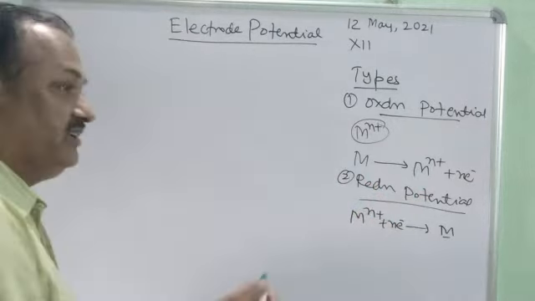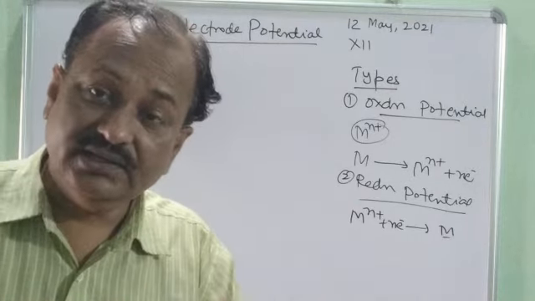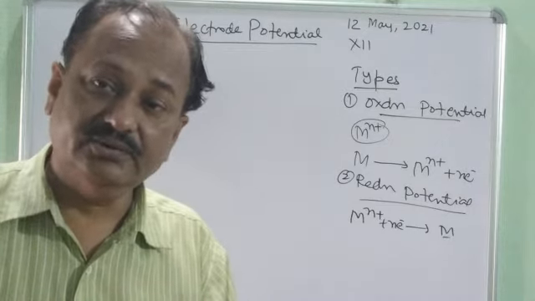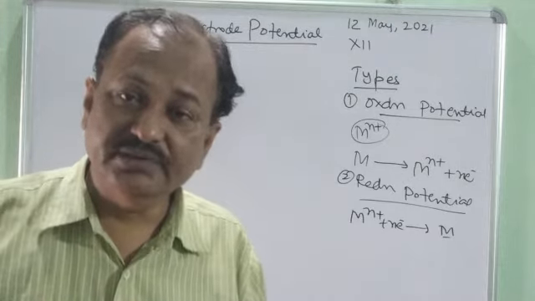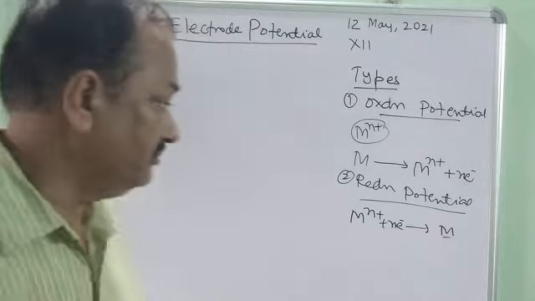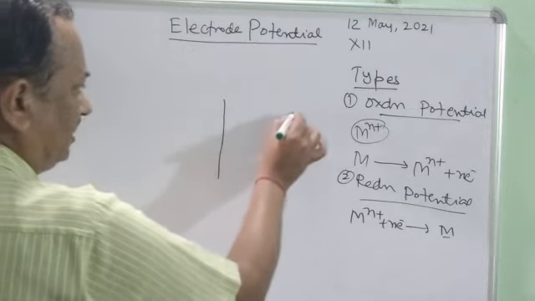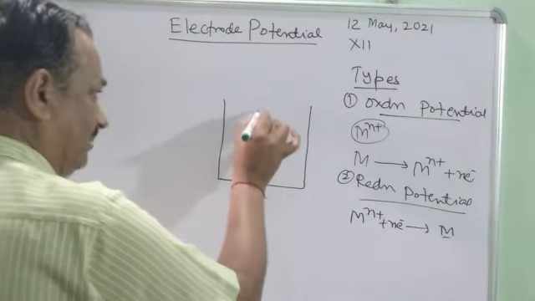And how is potential developed? Actually, potential cannot be developed on a single metal piece or single metal electrode unless it is dipped into a metal salt solution, because metals are electropositive in nature and have a tendency to lose electrons. Again I am drawing it.